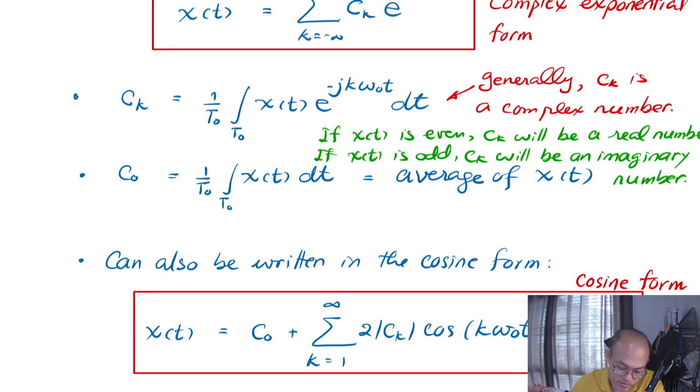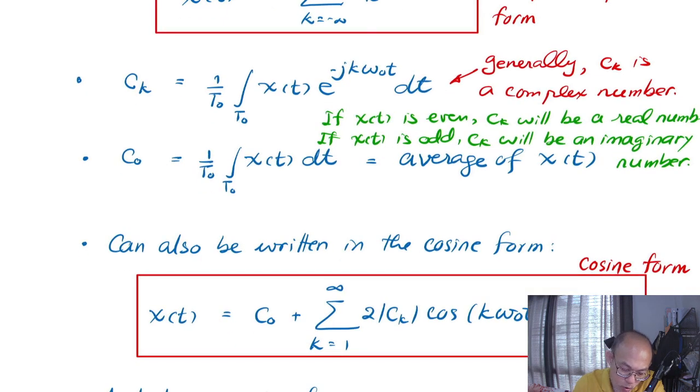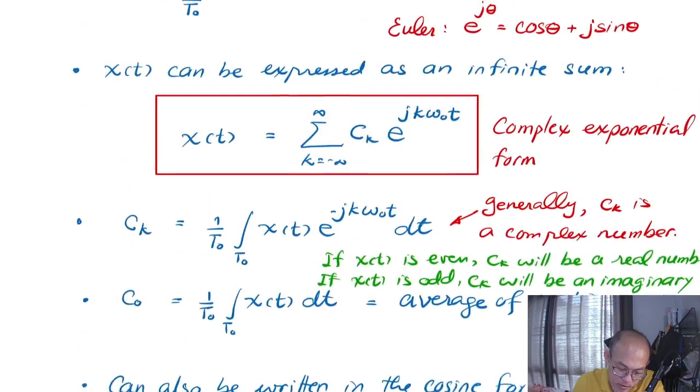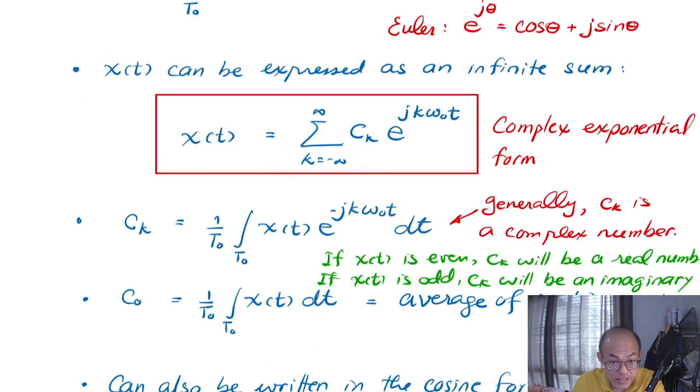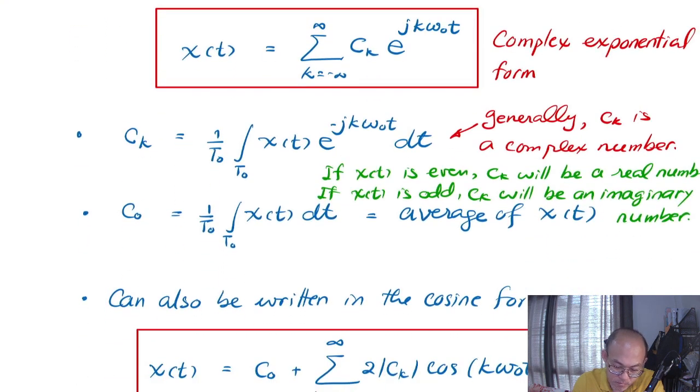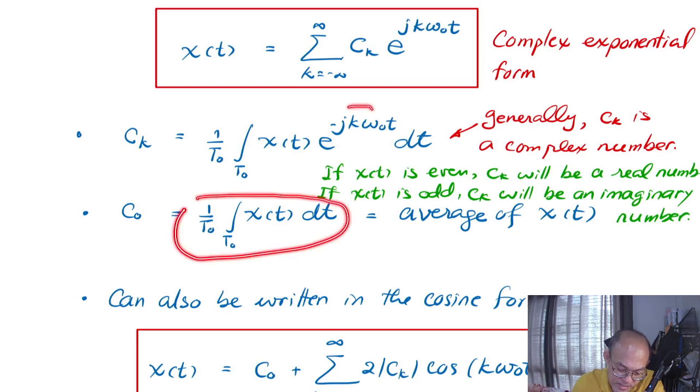Now, k is an index, and k could be any integer: negative, 0, or positive. But in the case where k is 0, that is c0, the integral reduces to this, because e to the 0 is 1.